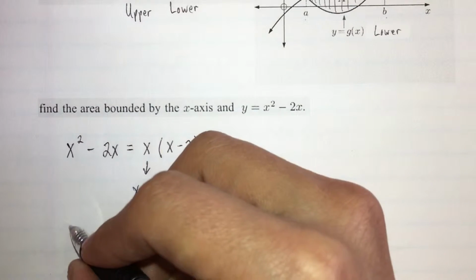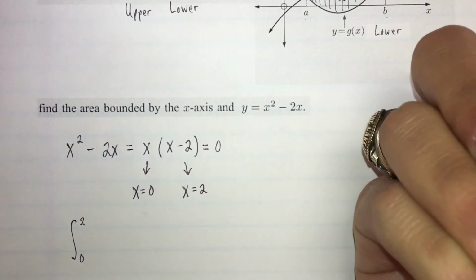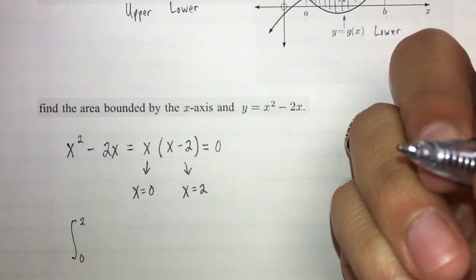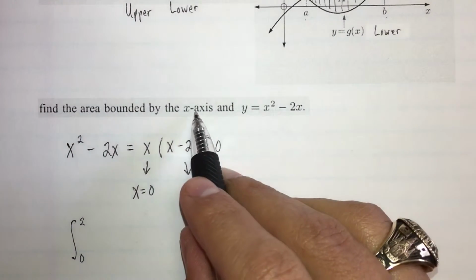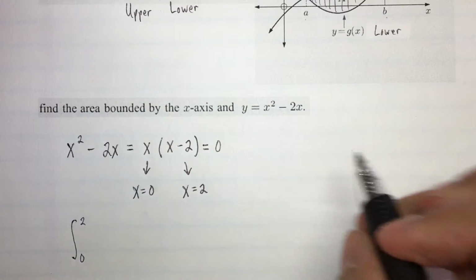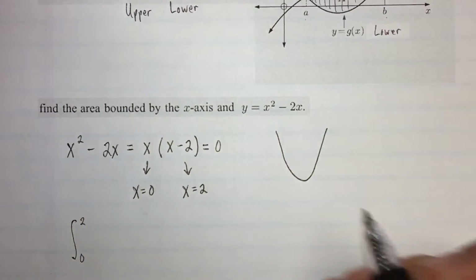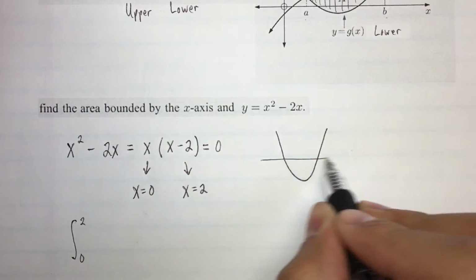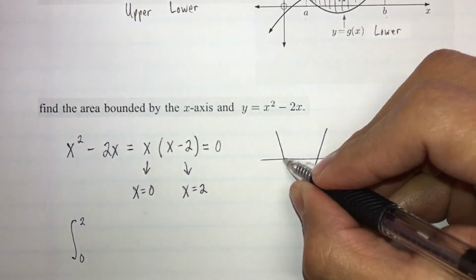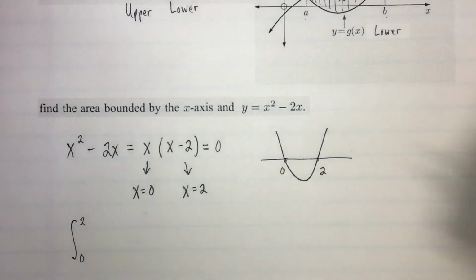So now I'm going to write the integral from 0 to 2, and now I have to identify the upper function. So in this case, the x-axis, our parabola opens up. So I know I have a parabola that opens up, and I know that my x-intercepts are at 0 and at 2.